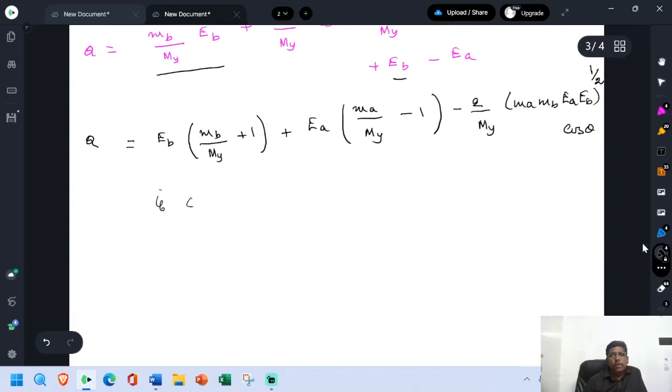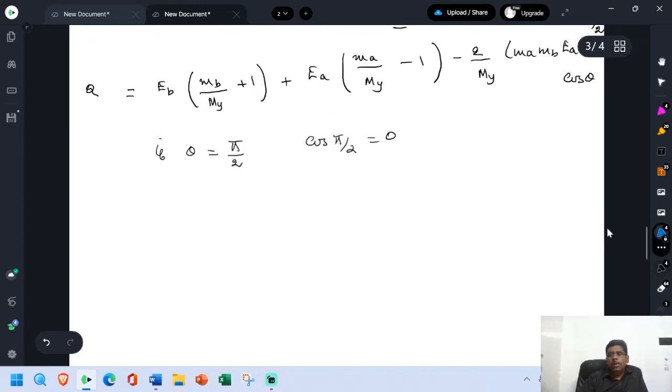If theta equals pi by 2, both the daughter nucleus and the outgoing particle are coming in the perpendicular direction to the incident particle, and this term vanishes. If theta is pi by 2, cos pi by 2 is 0.